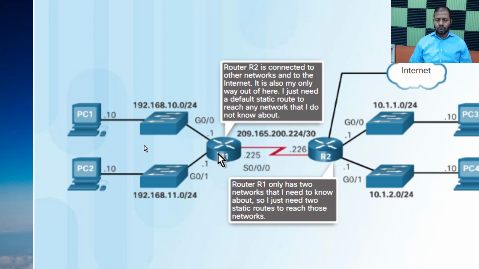Then this router is also connecting another network, that is this. If you look at my mouse pointer's movement, 192.168.11.0, also /24, can also have 254 hosts, dot 1 to dot 254. So dot 1 is assigned to this interface of the router, which is called gigabit 0/1.